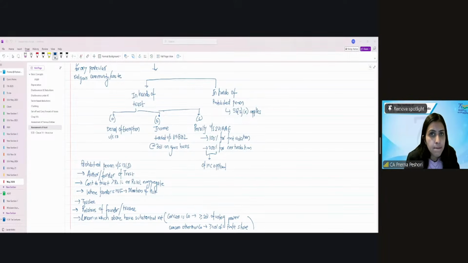Yes? Now when is it considered that the income is applied for the benefit of such a person? What is prohibited use? So the income is deemed to have been used for the benefit of the person.